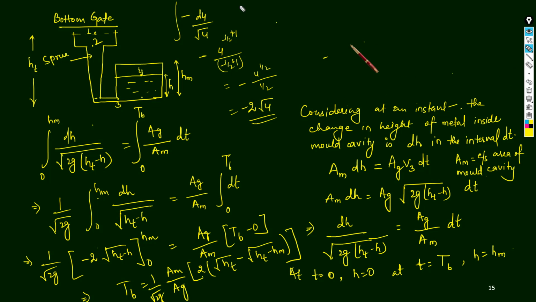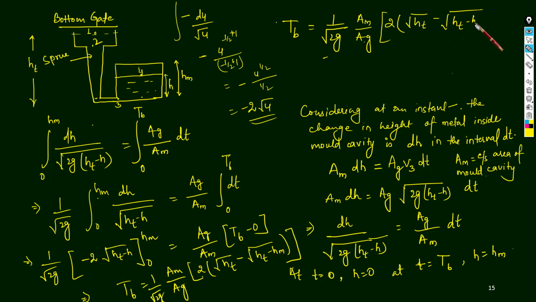Okay, so just write it fresh. TB is equal to 1 by root under 2g, Am by Ag, into 2 into root under ht minus root under ht minus hm. Finished.